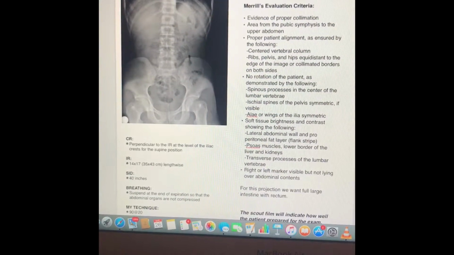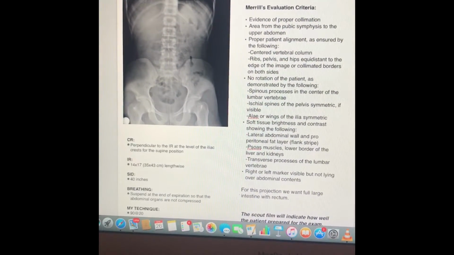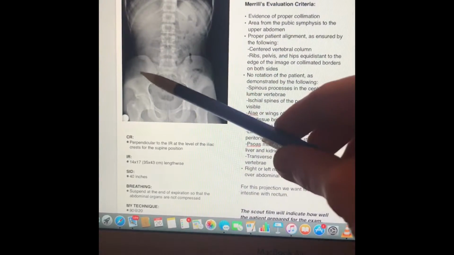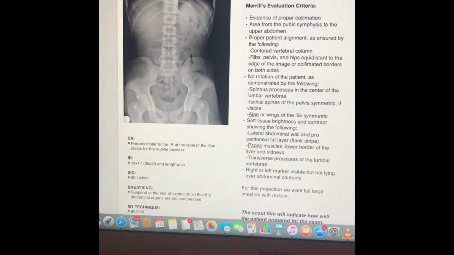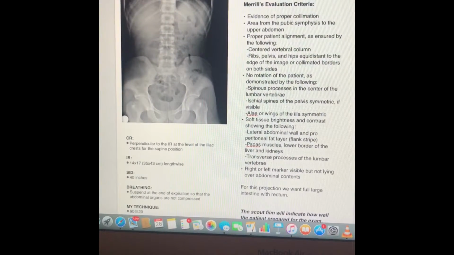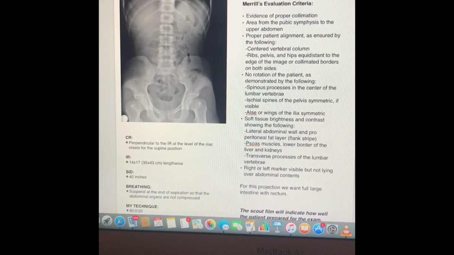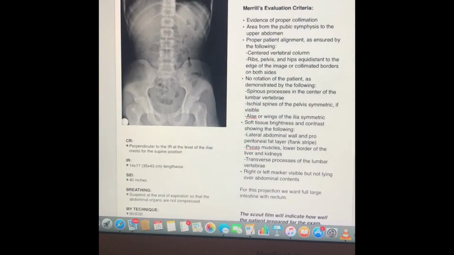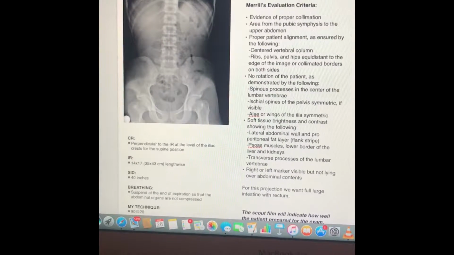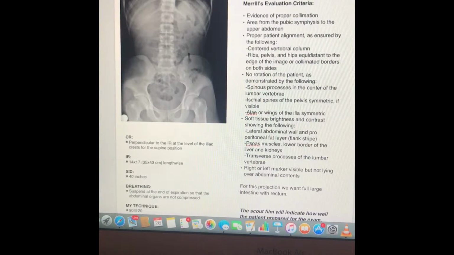Ischial spines of the pelvis symmetric, if visible. Ala or wings of the ilia symmetric as well. Soft tissue brightness and contrast showing the following: lateral abdominal wall and properitoneal fat layer, psoas muscles, low border of the liver.